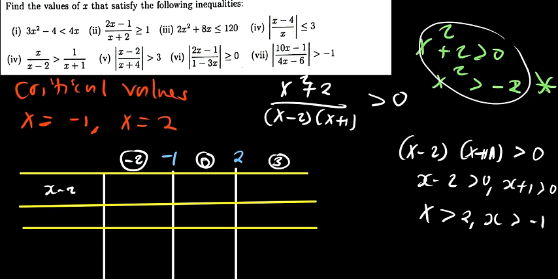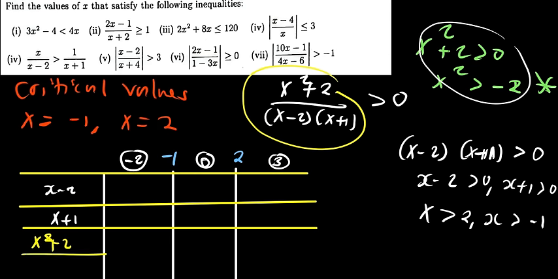Then we are also dealing with x plus 1. Here you just copy it the way it is. So you say x squared plus 2 divided by x minus 2, then x plus 1.